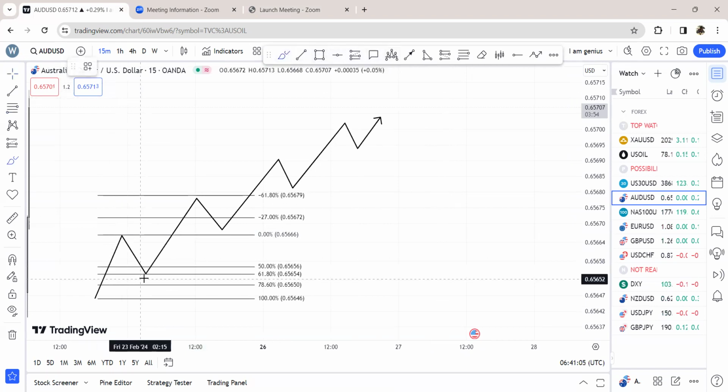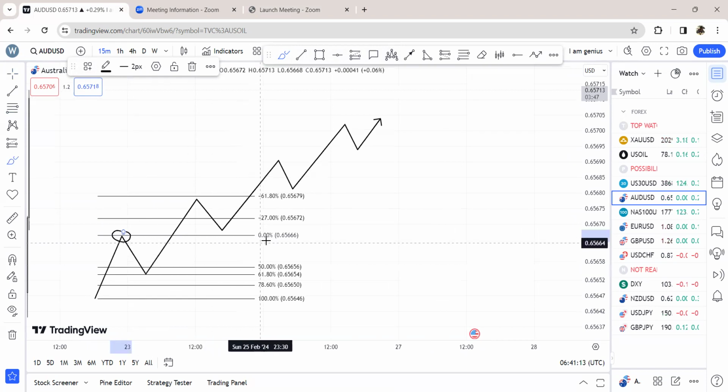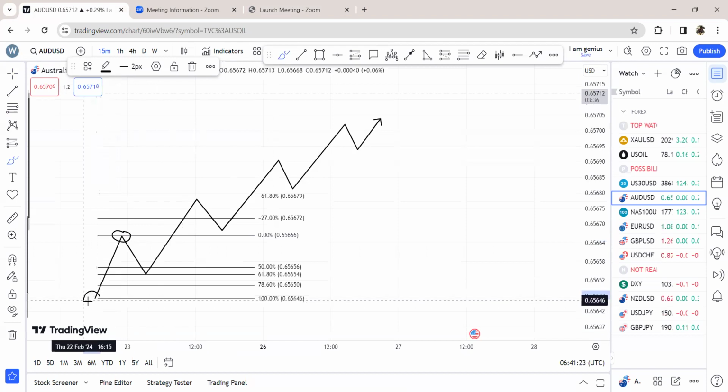You notice that this here, the highest point before that retracement, is on the level 0.00%. This here, the beginning, is exactly on 100.